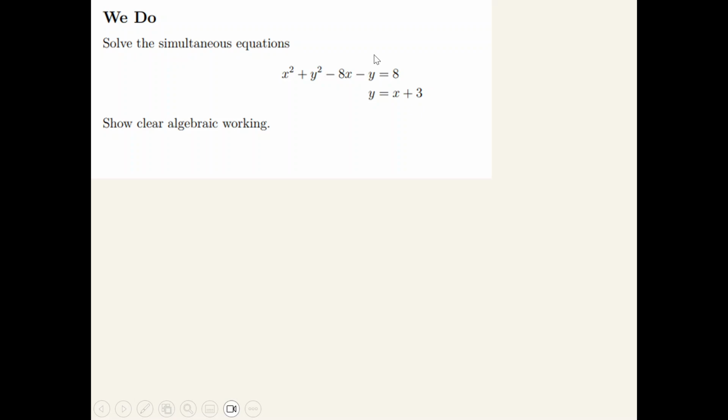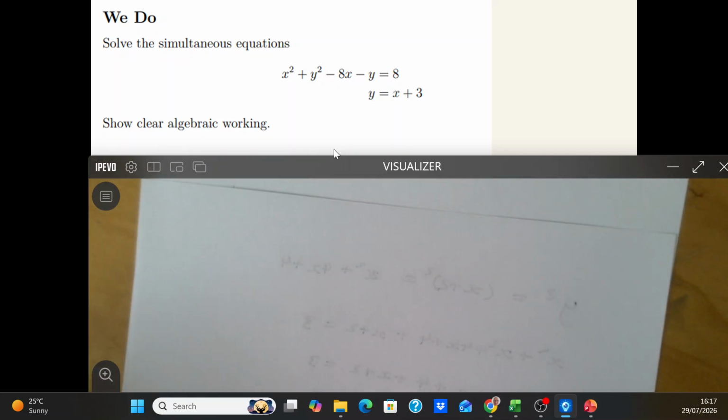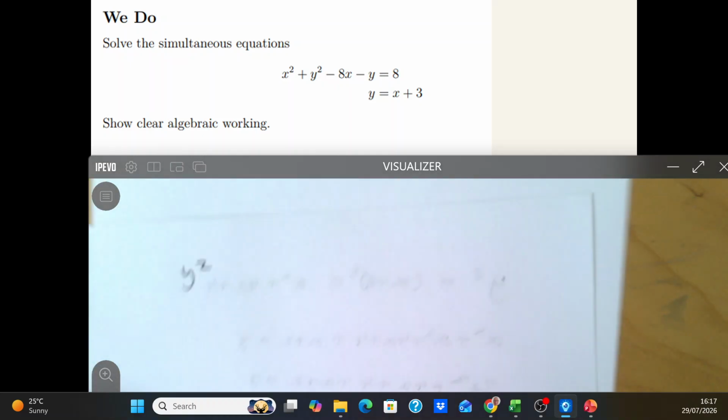Right, so this is the we do question. Right, what was the first thing I did? First thing I did was work out what the y squared is. So let's work out what y squared is.